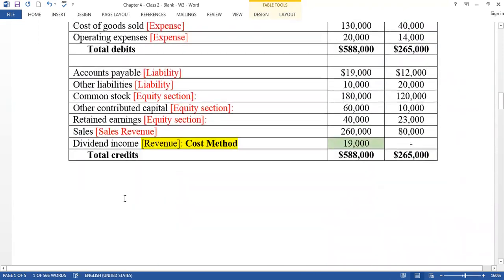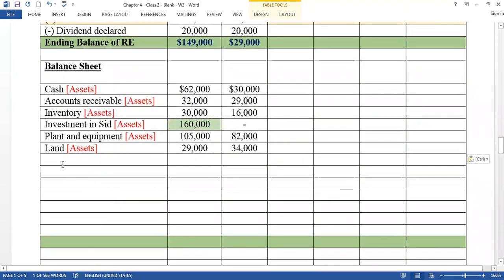So first we write the difference between implied value and book value. The trial balance doesn't have this information.